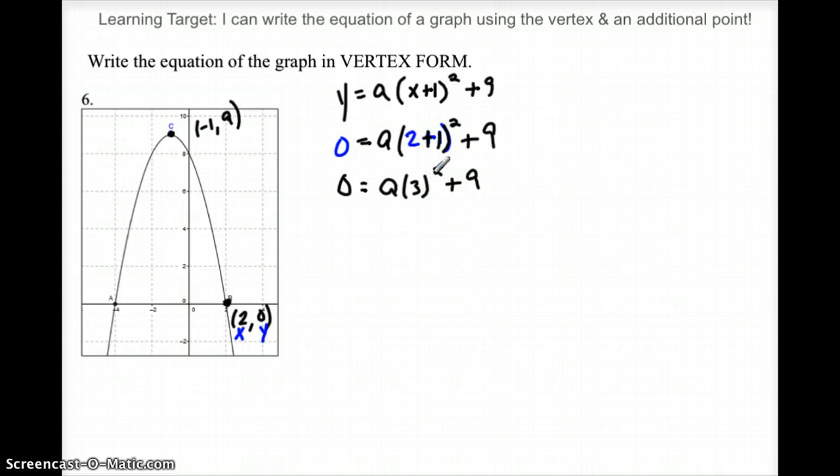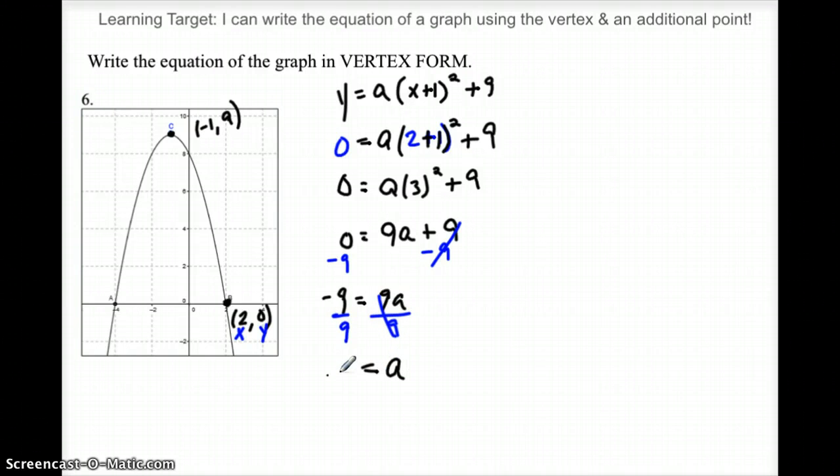And 3 squared is 9, so I really have 9 times a plus 9. So then I could subtract this 9. So negative 9 equals 9a. So if I divide, I'll get a by itself, and a will equal negative 1.